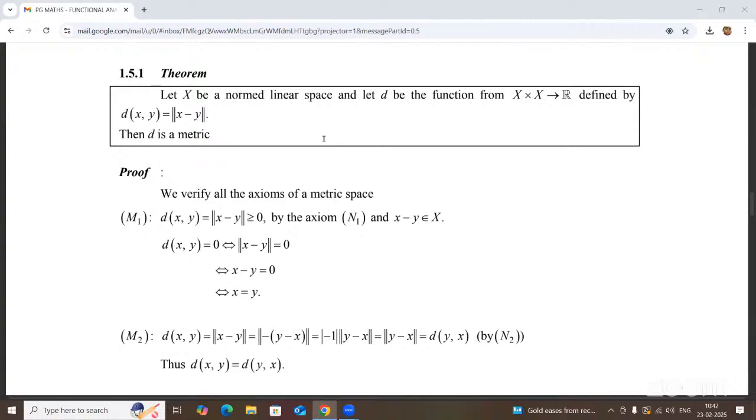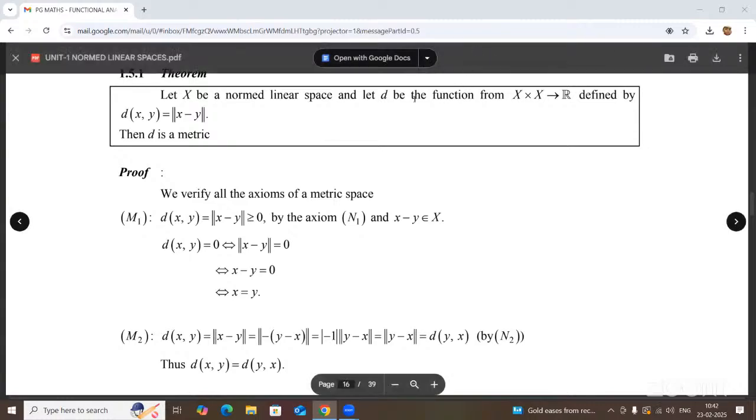This theorem gives the notion of the metric d of x and y equal to norm of x minus y. Here X is a normed linear space and d is the function, a binary mapping defined from X cross X to R by d of x and y equal to norm of x minus y. So here d is a metric.